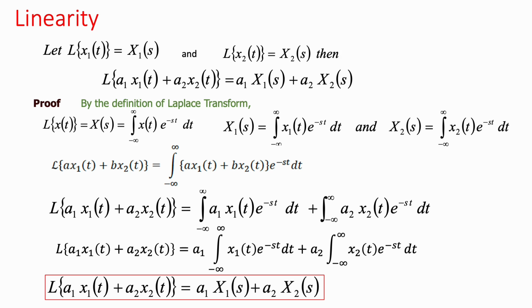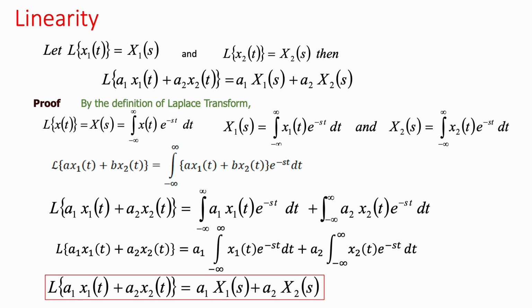We all know the Laplace transform formula, that is, the Laplace transform of x of t is equal to x of s, which is the integration from minus infinity to plus infinity of x of t e power minus st dt. This is the Laplace transform formula.